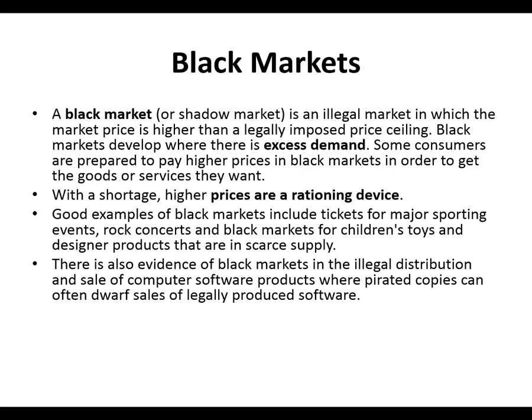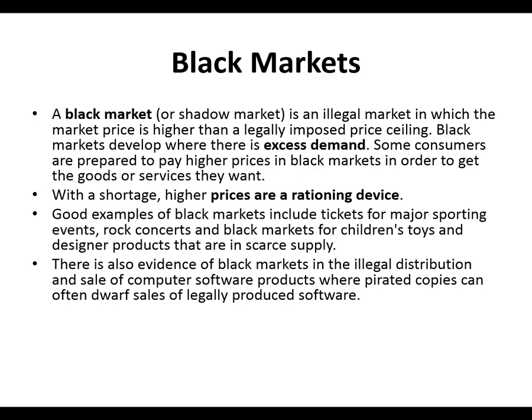With a shortage, higher prices are a rationing device. We ration the product through setting a higher price to only those that can afford the higher price. Good examples of black markets include tickets for major sporting events, rock concerts, and black markets for children's toys and designer products that are in scarce supply.